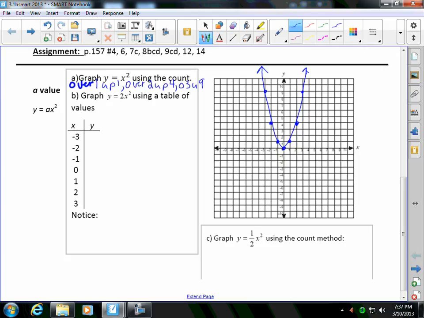So now we're going to see what happens when we put a value in front of that x squared. In this case, our a value is 2. So if we look at our table of values and use the ones that are given there, for this one we would be doing y is equal to 2 times negative 3 squared, which would be 2 times 9, which would give us 18.